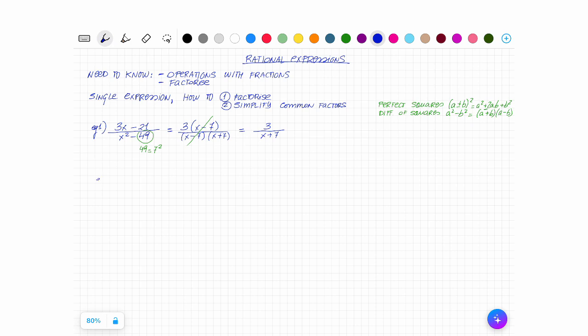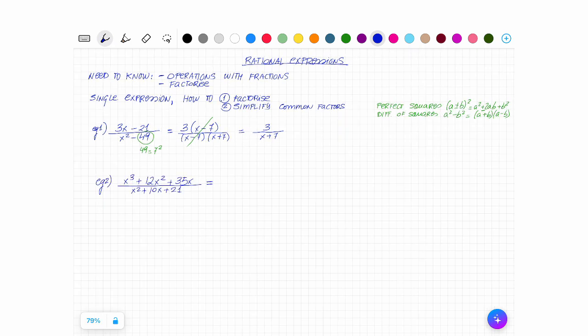Let's see another example. Okay, so the first thing I realize, I've got a common factor of x, so I'm going to factorize that. And remember, you can do this in steps. There is no shame in doing things in as many steps as you need.